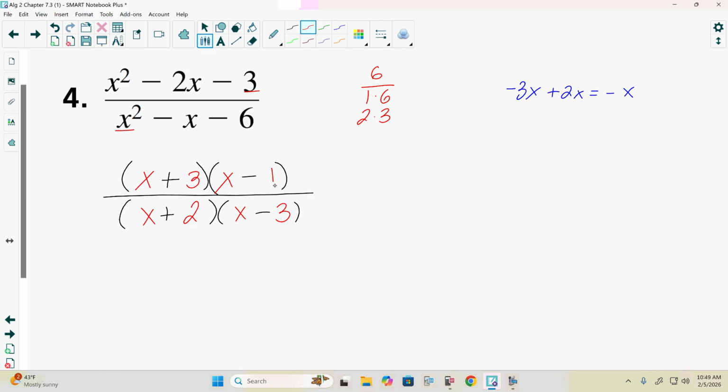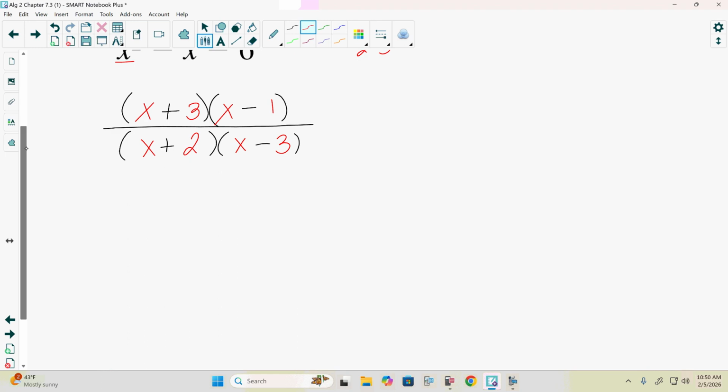On bottom, we have what? x plus 2 times x minus 3. So if this was the correct setup, is there anything in common on top and bottom? No. So there wouldn't be anything that we could reduce. We couldn't simplify it any further. This would be the answer, if that's the correct setup. Does that make sense? So this could be it, but this would not be my first choice.